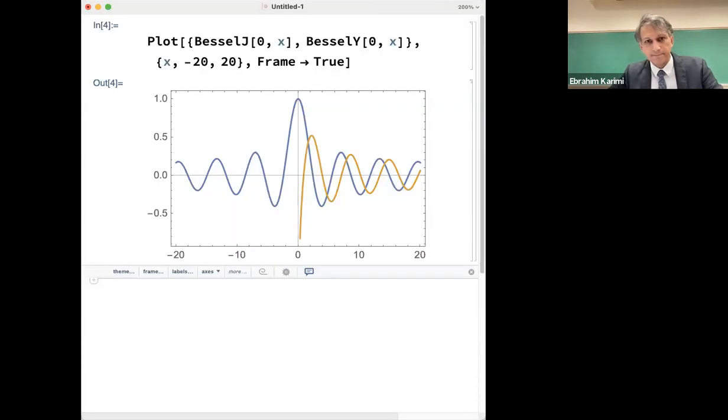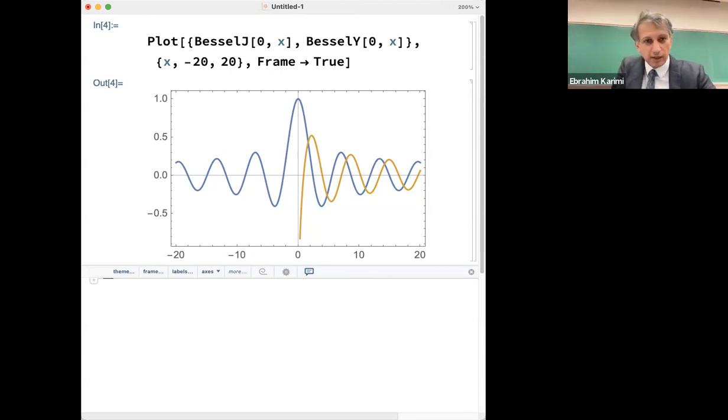Let me see if I can get Mathematica here. Screen sharing. Do you see my screen now? Okay, beautiful. I made it a couple of minutes ago during the break.